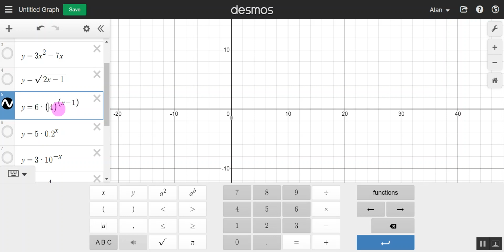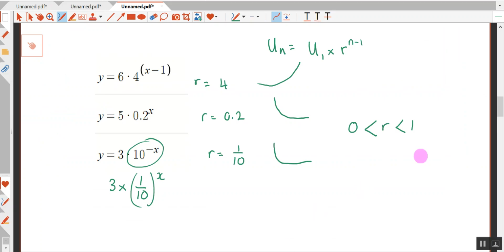So there's my common ratio 4. There's my common ratio negative 4. You get 0, 5. Okay.